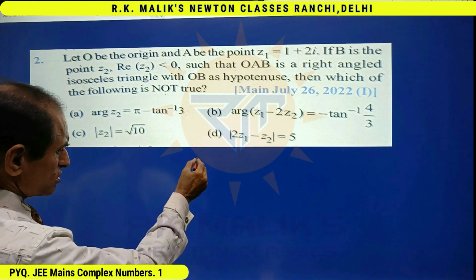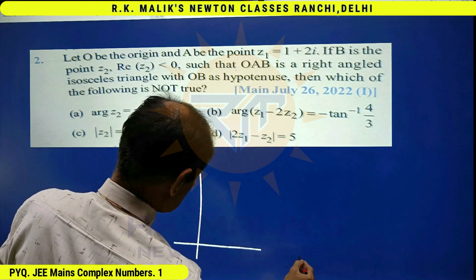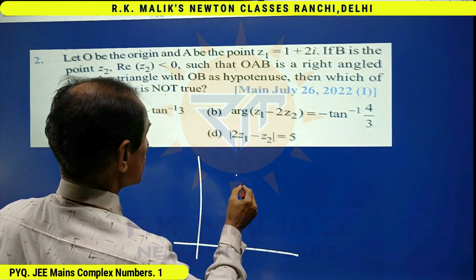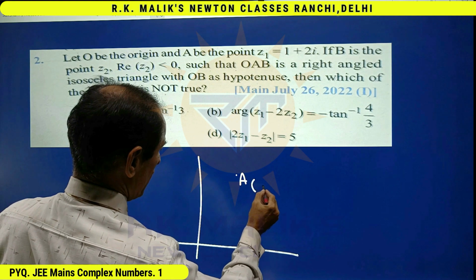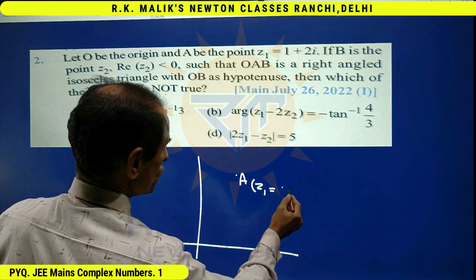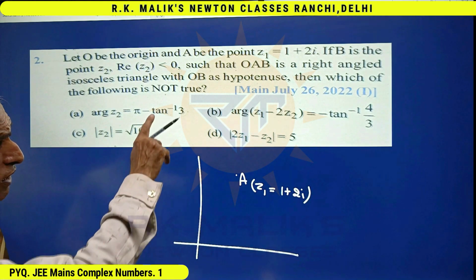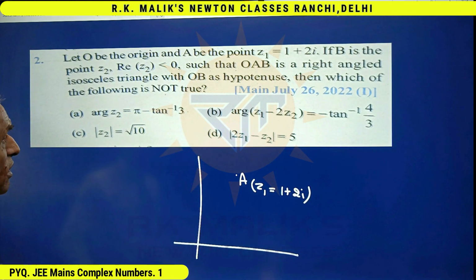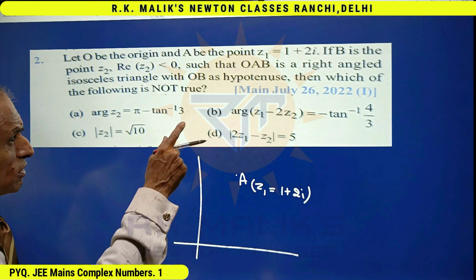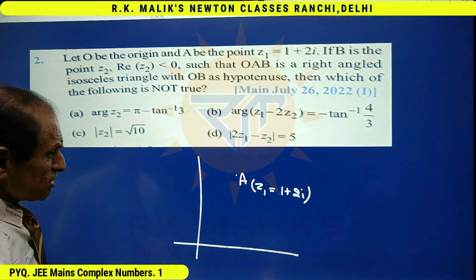According to the question, the figure formed is this. This is the point A having affix Z1 equal to 1 plus 2i, and OAB is a right angled isosceles triangle with OB as hypotenuse. Real part of Z2 is less than 0.